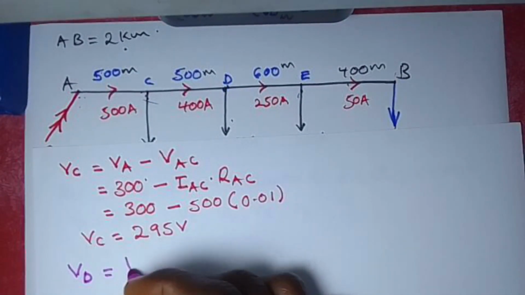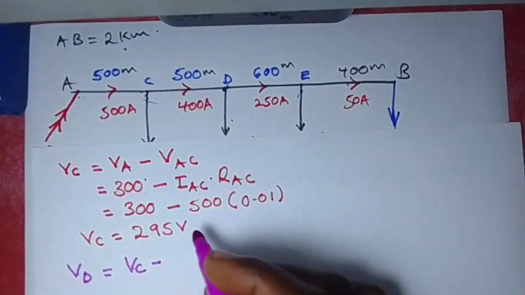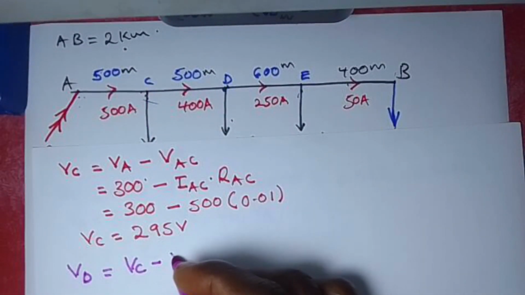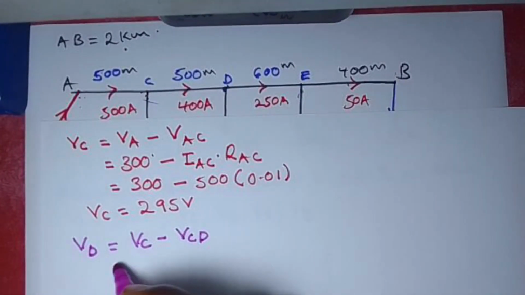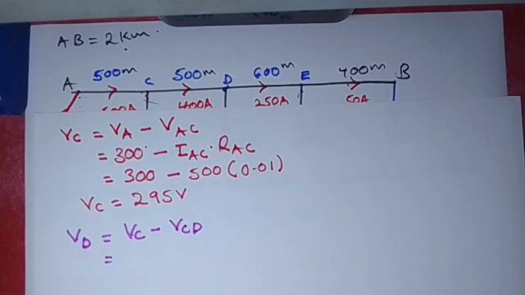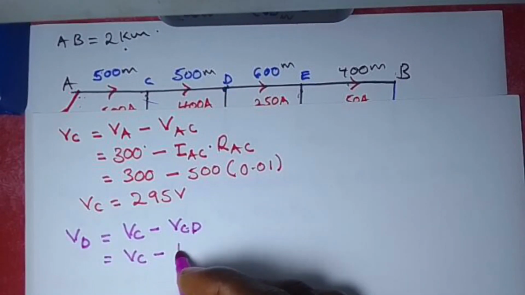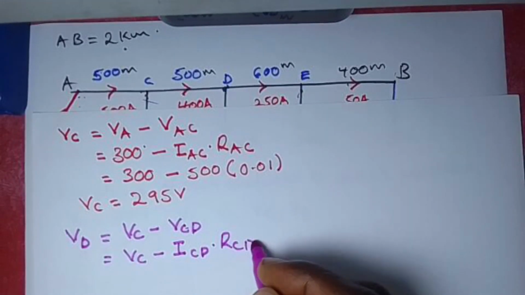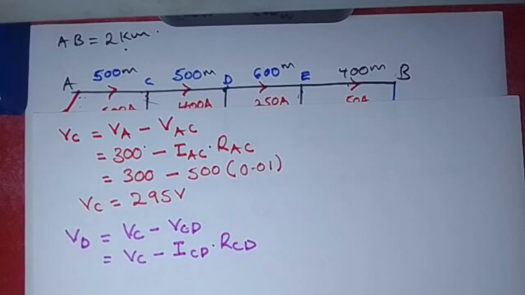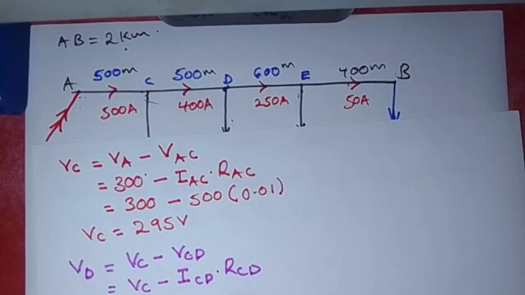So we shall get VC minus the voltage drop along this section, which is VCD. Now, knowing that, the voltage at point D is going to be VC minus VCD, which is equal to the current in that section, which is ICD, times RCD. So putting that into consideration, we can calculate, because we have these particular values.